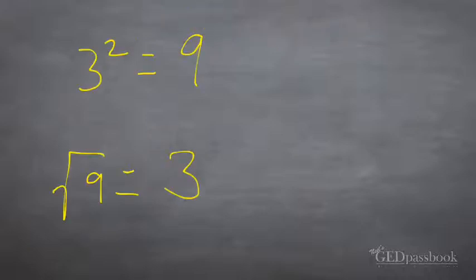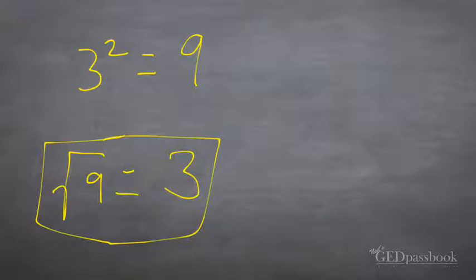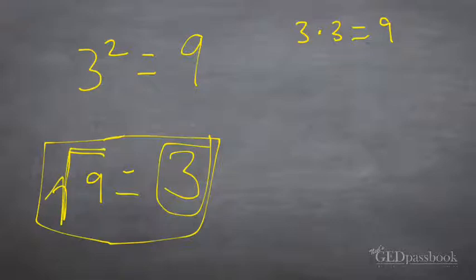Well, let me show you. What number multiplied by itself creates 9? Well, we know that it's 3, right? So pretty much 3 times 3 equals 9. What's the square root of 9? 3. That number right there.